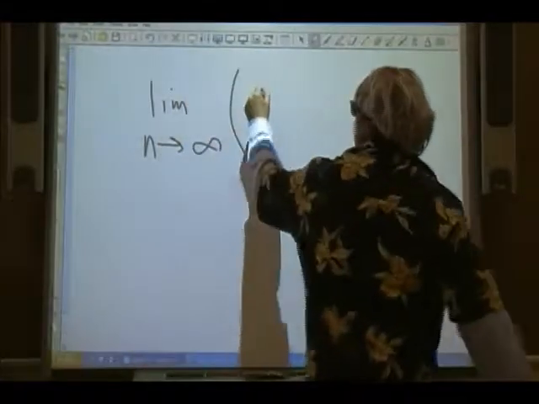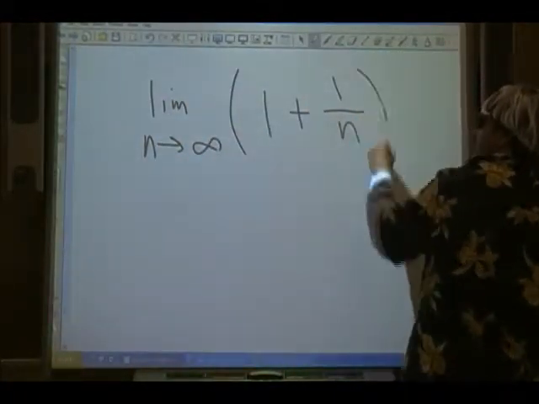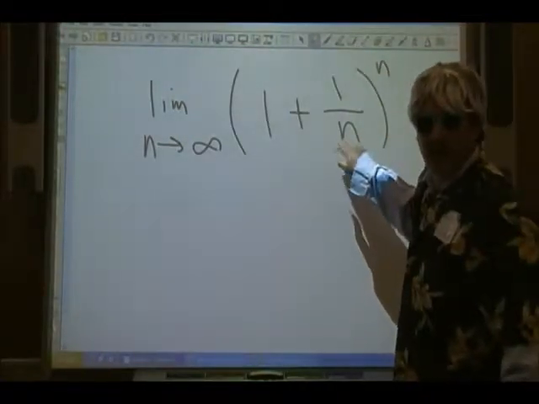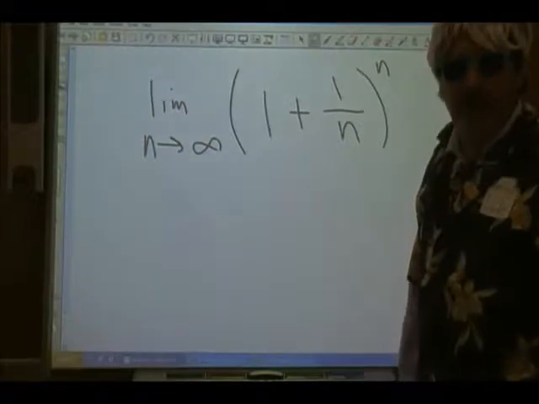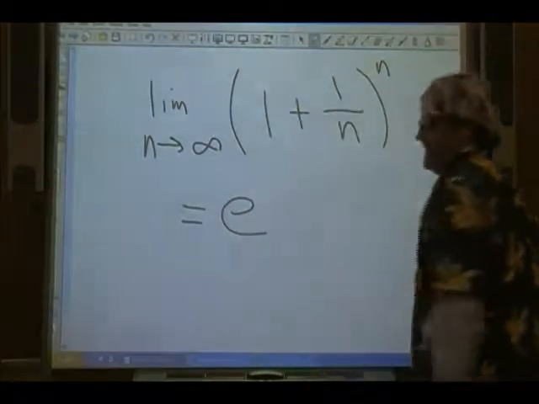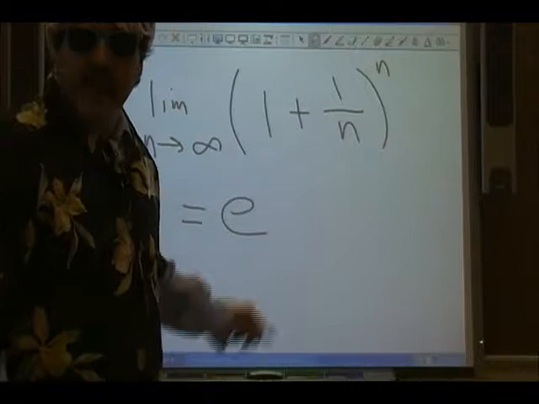And what was the thing we were doing? We're doing 1 plus 1 over n to the n power, right? You divide by how many times you're compounding it, and then put it to that power. And this, my friends, comes out to e, which is a constant. It's just long. It's amazing.